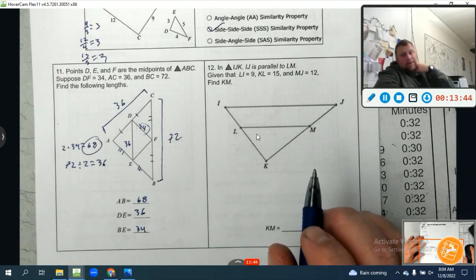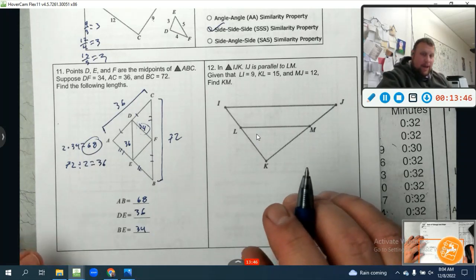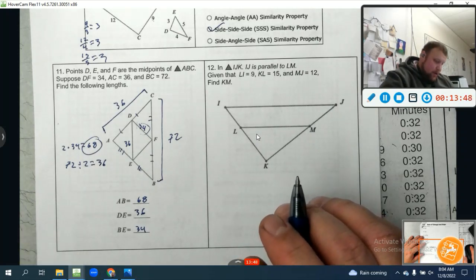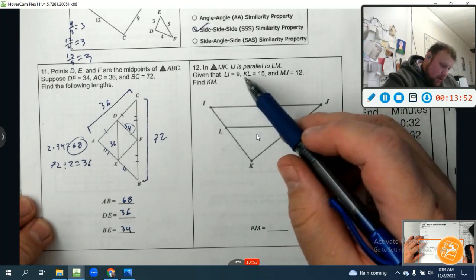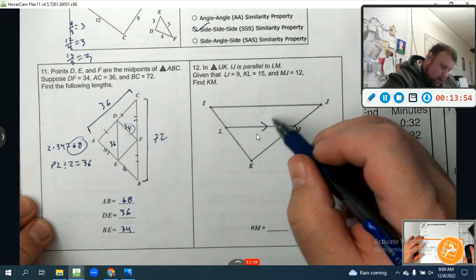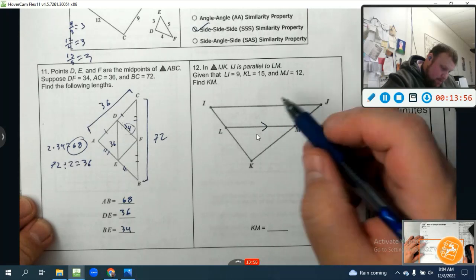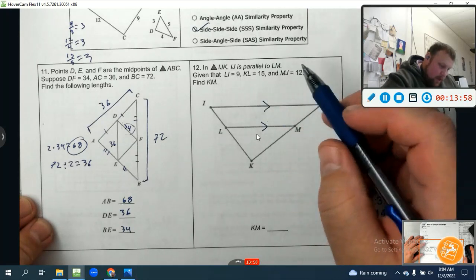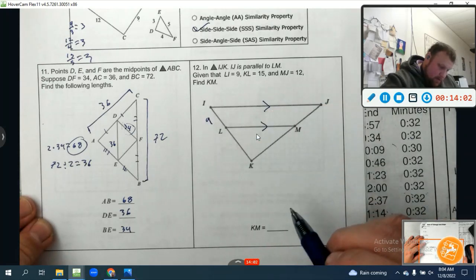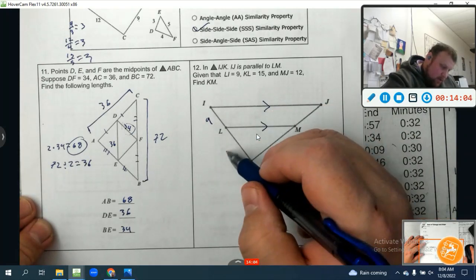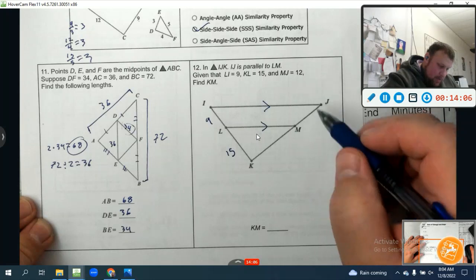Triangle IJK. IJ is parallel to LM. Given that LI is equal to 9, KL is equal to 15, MJ is equal to 12, find KM. Well, I know 15 over 9 equals X over 12.